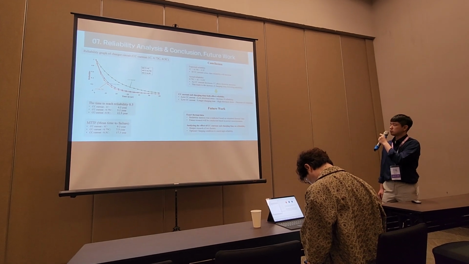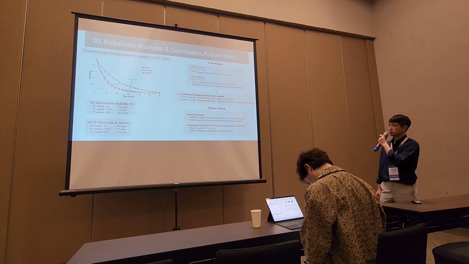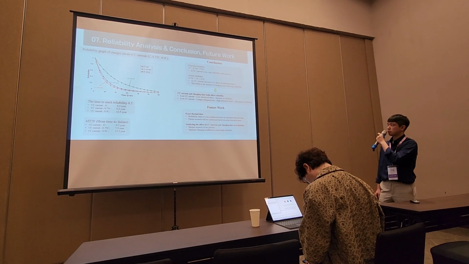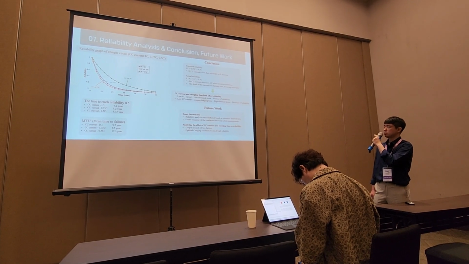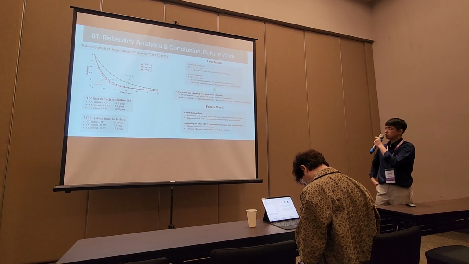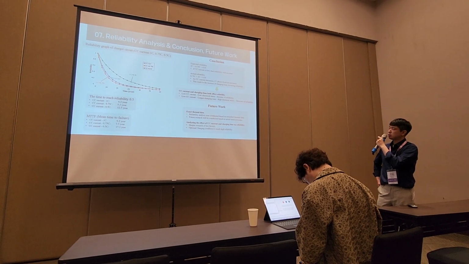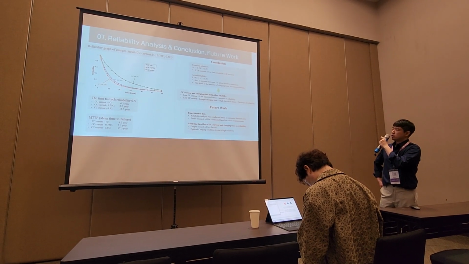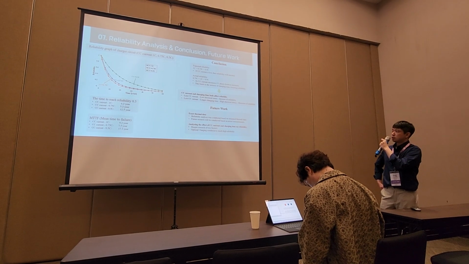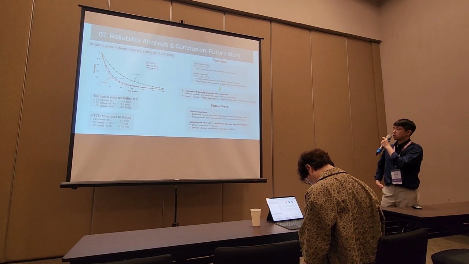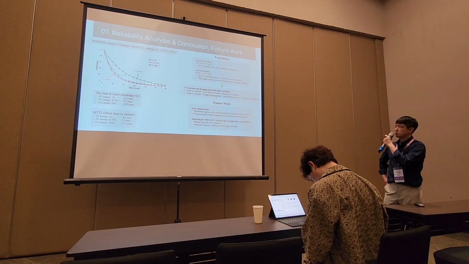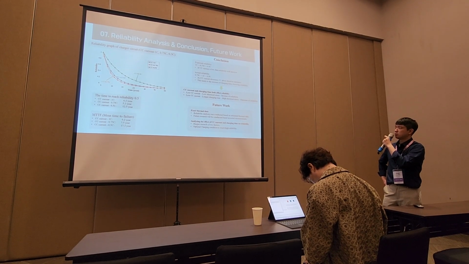The conclusion is that reliability is not only affected by the CC current magnitude, but it's also affected by the CC phase duration. 1C was expected to have the lowest reliability, but actually 0.75 C had the lowest reliability.